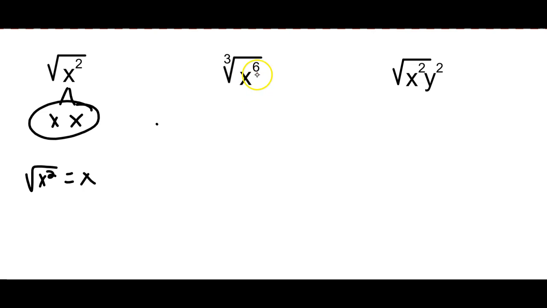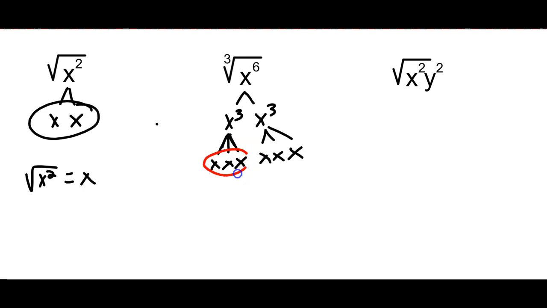For here, for x to the 6, remember this breaks up into x cubed times x cubed. Because remember, if I multiply these, you add the exponents and get x to the 6. And then this breaks up into x times x times x, and same thing for this one, x times x times x. We are looking for groups of 3. So I've got one group of 3 right here, and another group of 3 right there.